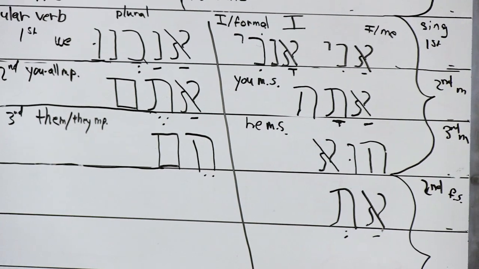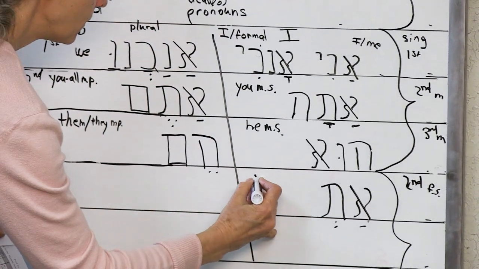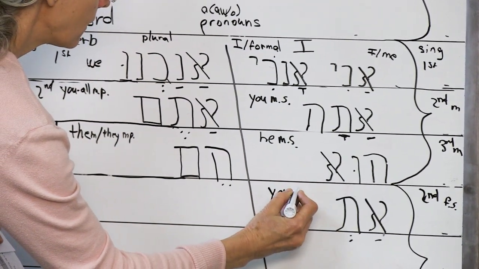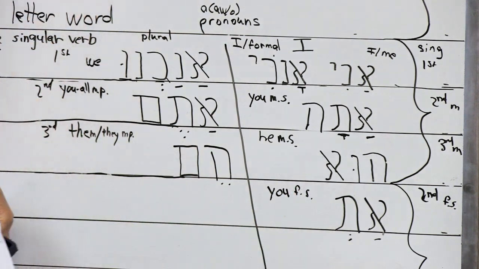Second person feminine singular. So you, right? Feminine singular, okay? These are a lot of pronouns. We're going to be doing this a lot from now on, okay? You got all this stuff down, right? Are we going to write it down next week? Yeah, we're going to write it down next week, okay?